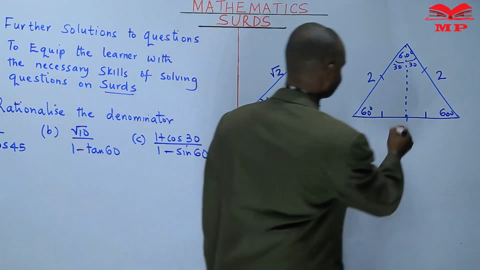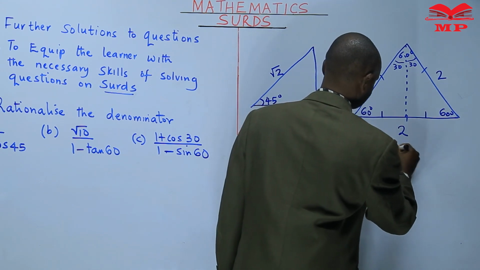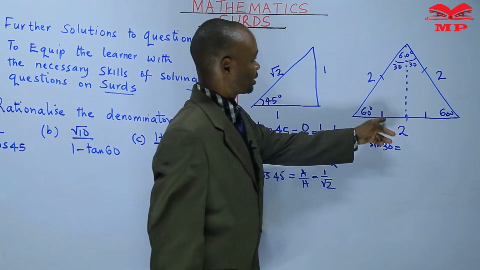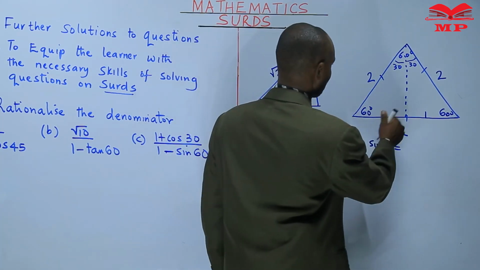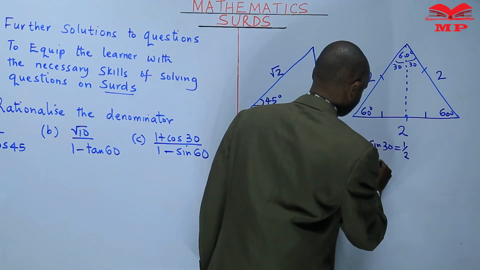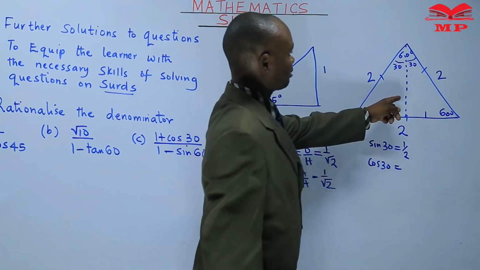I'll come here, 30. Sine of 30 from here, opposite over hypotenuse, 1 over 2. For the cosine of 30, there is one thing I've not got here.